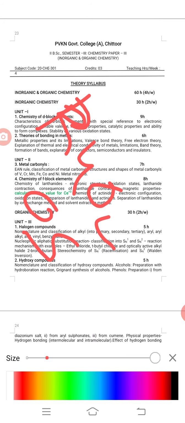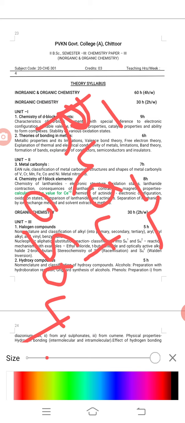Ruthenium tetroxide, osmium tetroxide. Here one oxygen has -2. Generally one oxygen contains -2 oxidation state, so -2 times 4 is -8. So -8 is neutralized by +8. Ruthenium and osmium are both D block elements.